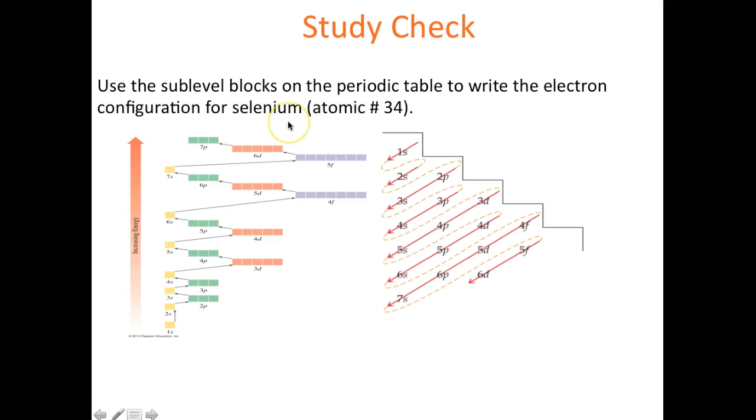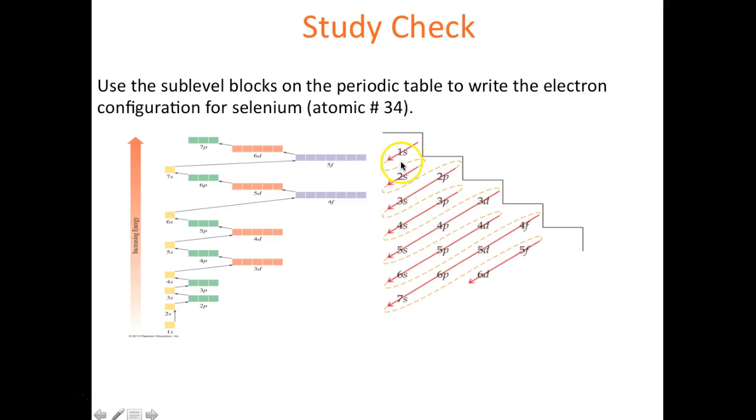All right, so it says write the electron configuration of selenium with atomic number 34. Okay, so 2 in here, another 2 in here, that's 4, and then 6, so that's 10, 12, and another 6, so 18, and then another 2, so 20, and another 10 here, so 30, and then 4 in the 4p level.